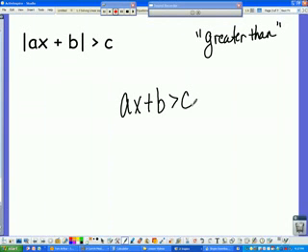But greater and "or" both have an r in it, so that's the easiest way to remember that these are going to be "or" questions. And you have ax plus b, and this time it's going to be a negative c. But instead of it being a greater than sign, it switches to a less than sign. Okay? All right, let's look at a couple of examples.